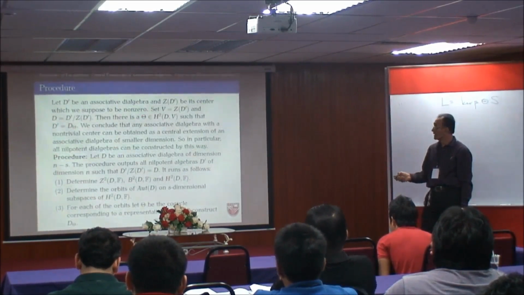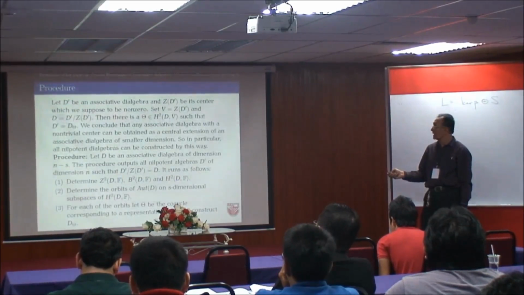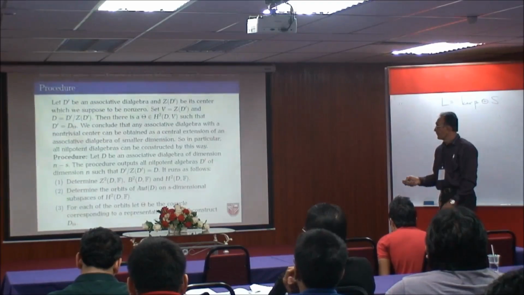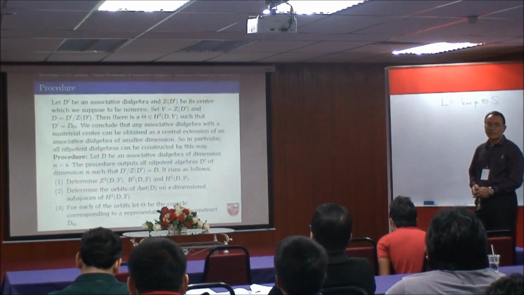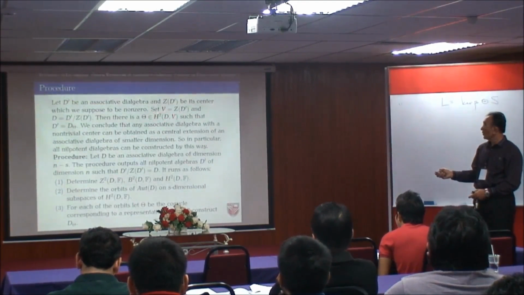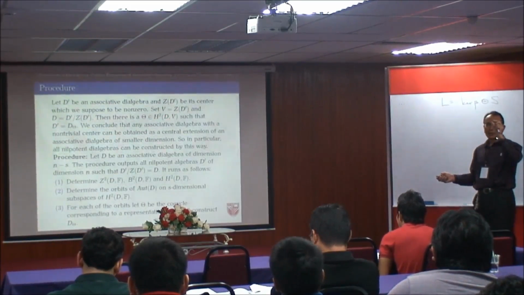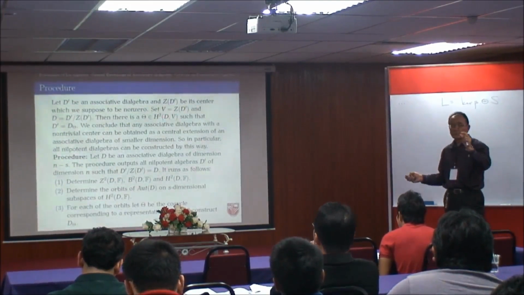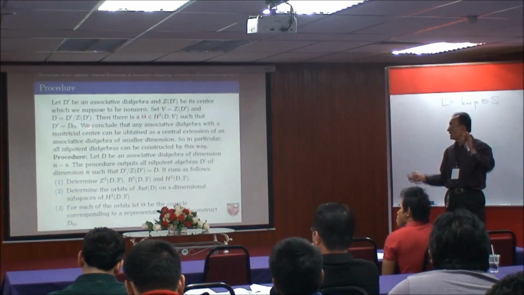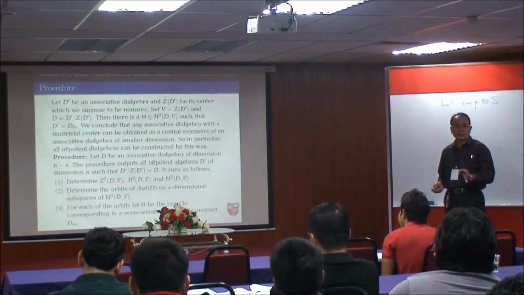That is the point, because this algebra's dimension is higher than the dimension of algebra D, but it can be represented as a central extension of D by using an element of H2(D,V). You see, this is the cohomology group for D, not for D prime. So you will take an element of the cohomology group of D, with values in V. Then, by using this cohomology cocycle, you will construct D theta, so that D theta will be your D prime.